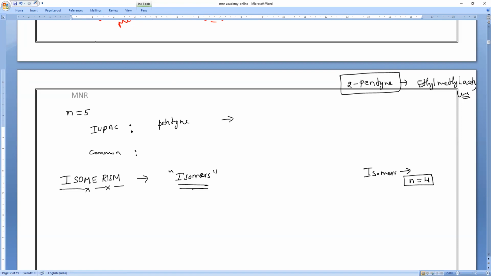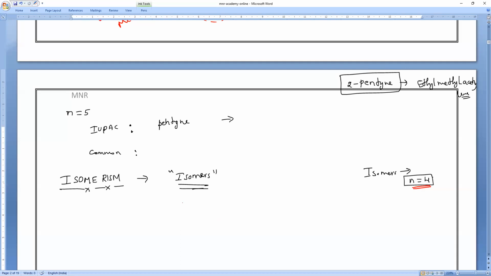If you want to see more than one isomer, the minimum number of carbons is how many? Everybody? Yes, please. n equals 4. Okay, so here I will teach you up to n equals 10. Very important, but for n equals 7 there is a formula for us. So first let us understand what isomerism is and what isomers are, and then we'll proceed.